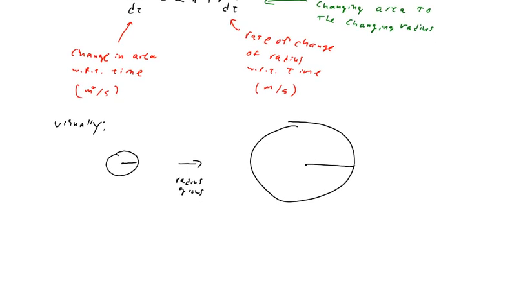Let me do the radius in green. Radius here. The radius here. Radius 1, radius 2, right? And then we have area 1 and area 2. So what we're looking at is a difference in the amount of increase, right?